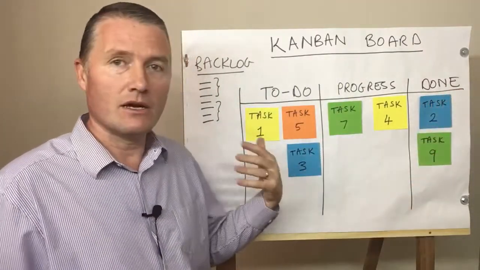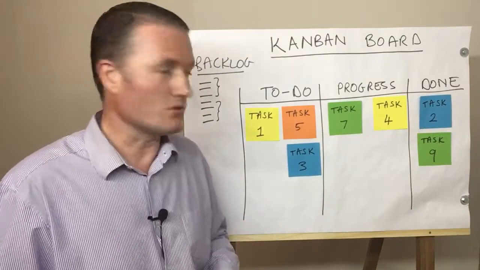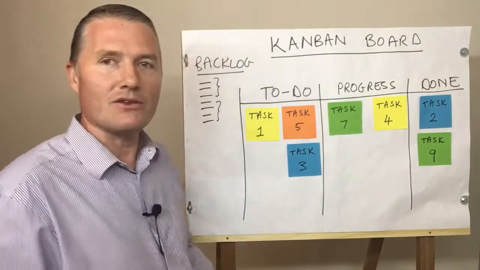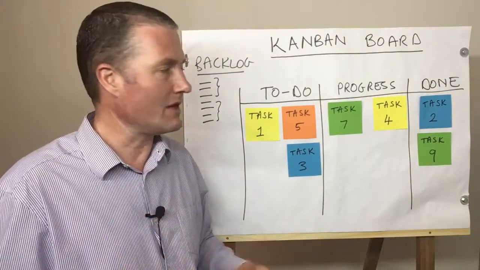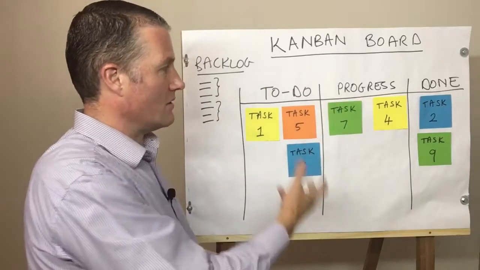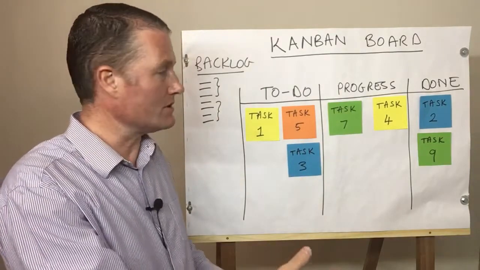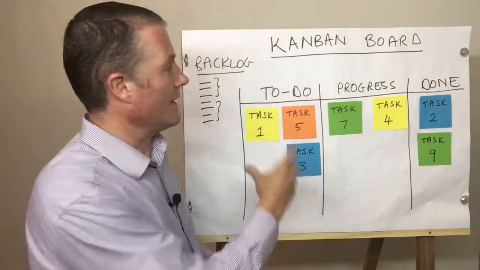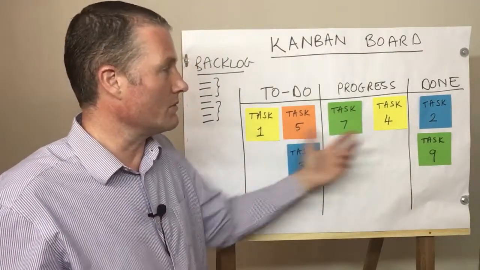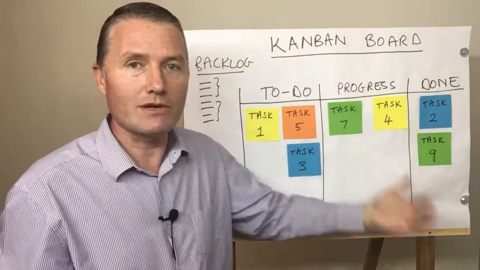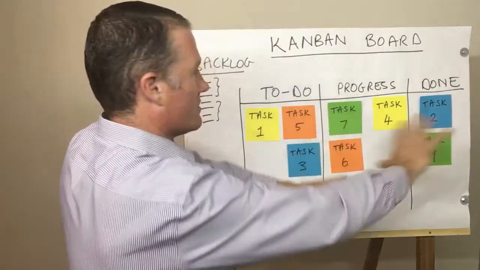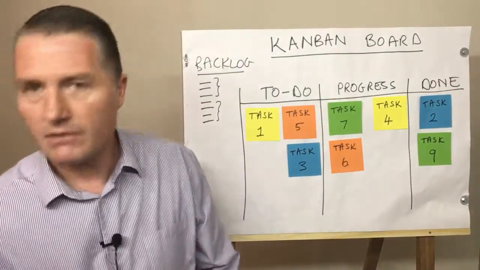So if you're meeting online using Microsoft Teams or Zoom, you would just have a digital representation of this board, and you, as the facilitator of that meeting, the project manager or the Scrum Master, would see this on the screen and everybody else would see it as they were dialing into the meeting, and you would then be able to move these tasks across based on how people were responding to them and giving progress updates on those tasks.